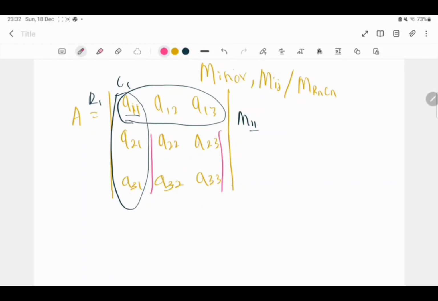We neglect the circled elements for row 1 and column 1, and look at the four elements that are left. We cross multiply: A22 times A33 minus A23 times A32. So this is how we find the minor for the A11 element.